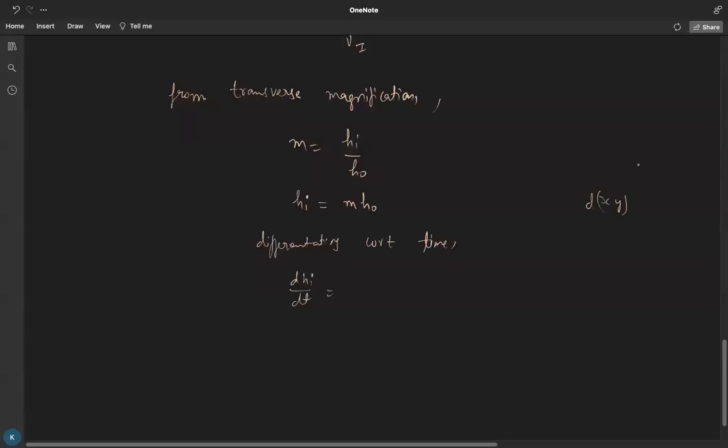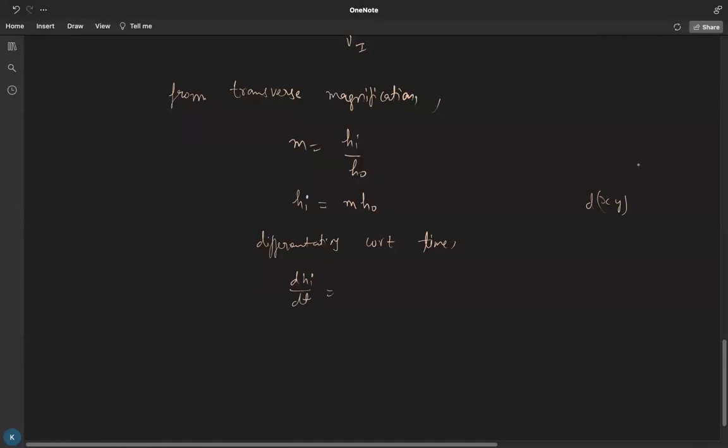As you already learned in the differentiation chapter, whenever we differentiate variables which are in product form, we have to apply the product rule, right?